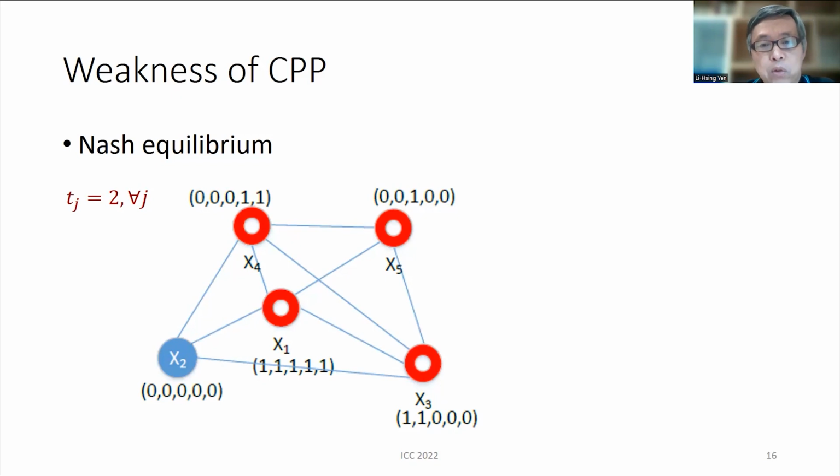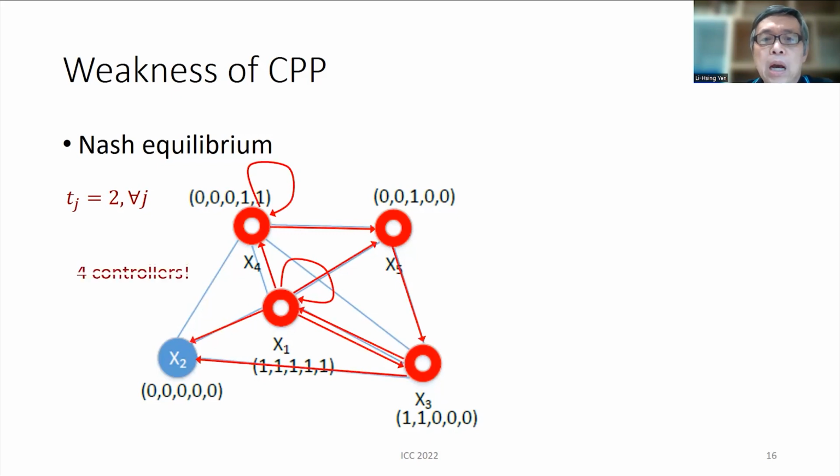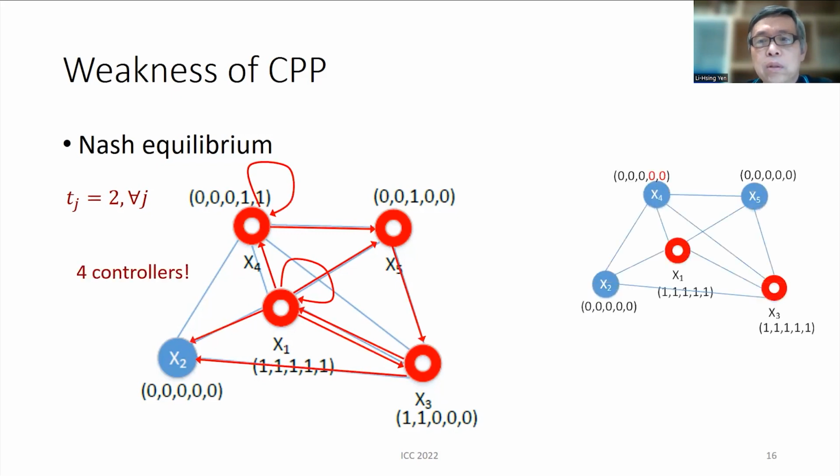This is too much, but because this is a Nash equilibrium, we cannot make any improvement on it. Here we need 4 controllers, and an optimal solution to this scenario is on the right-hand side. Actually, we only need 2 controllers.